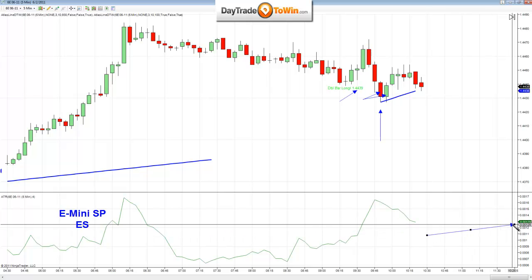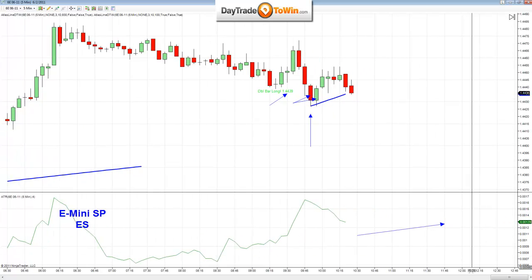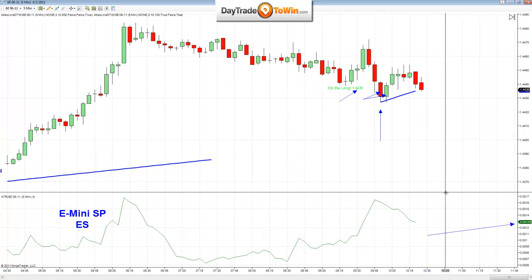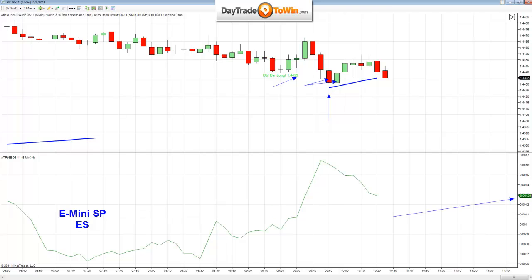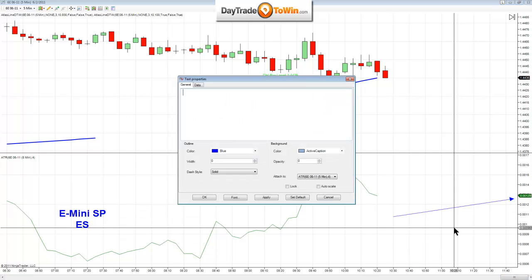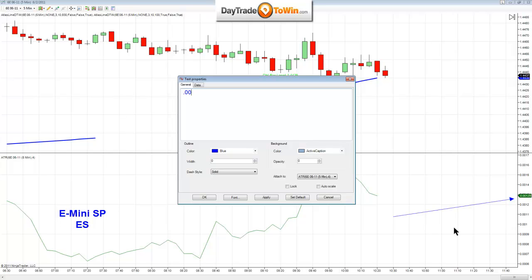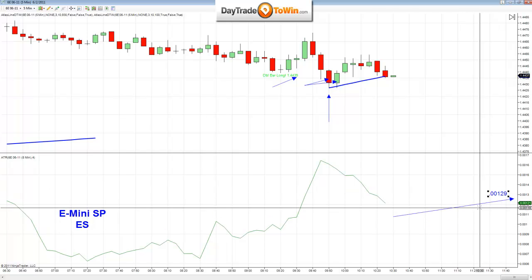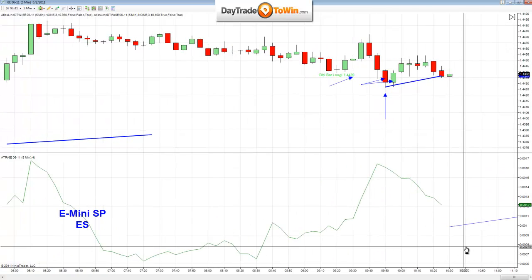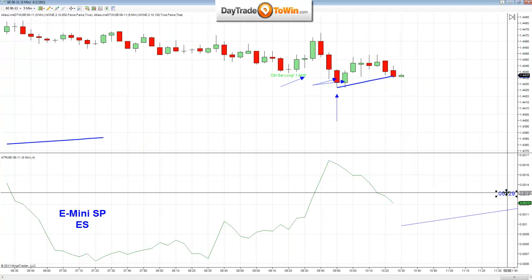You see this number here? Let me see if I can expand that just a little bit. It says here 0.00129, and I'll show you where it's at right now. 0.00129. That is what the ATR is showing me at the moment on the euro, right?